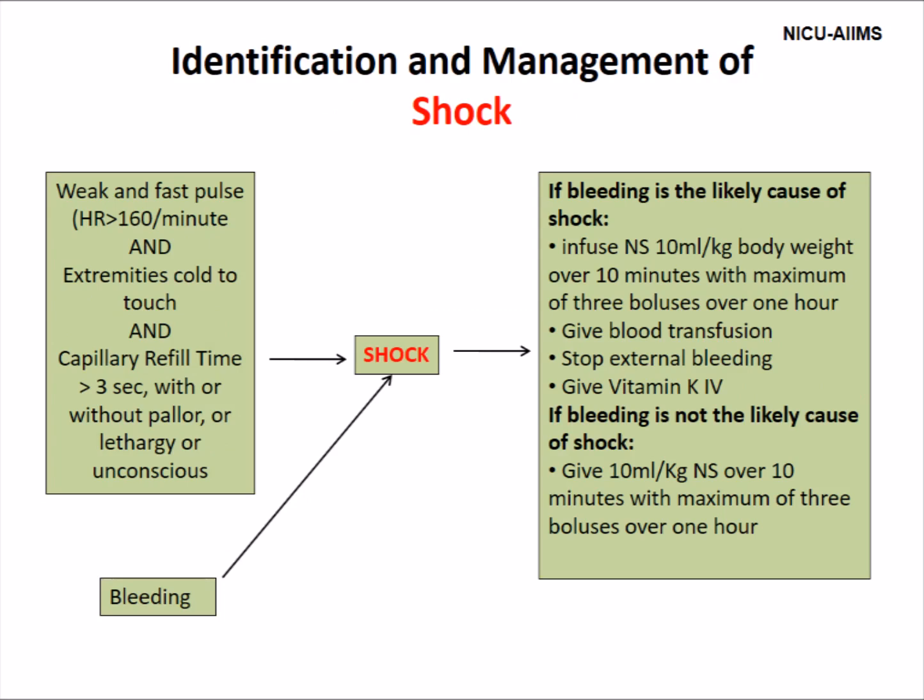Identification and management of shock. The next step is to assess for the pulse or heart rate and capillary refill time. Heart rate is counted for 6 seconds and then multiplied by 10. For example, 12 beats in 6 seconds is 12 into 10, which will give us 120 beats per minute.